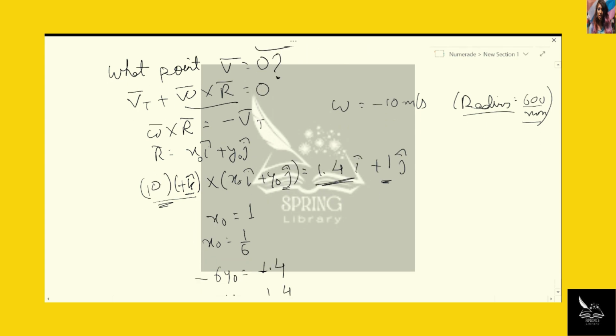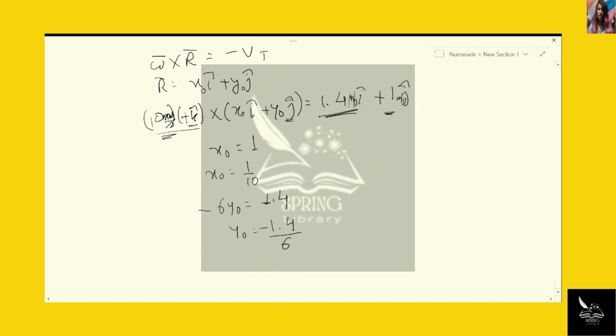So radians per second. Per second and per second cancel because these are all in meters per second, and your final answers will be in meters. So this 6 will be replaced by 10, and this 6 will be replaced by 10.